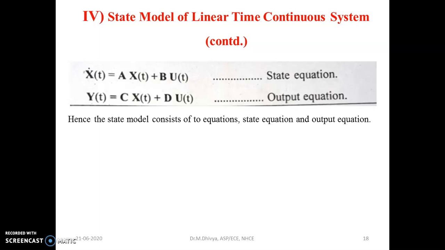Hence, the state model of a linear time invariant system is given by the equations x dot of t is equal to A into x of t plus B into u of t, y of t is equal to C into x of t plus D into u of t, where x dot of t represents the state equation and y of t represents the output equation.